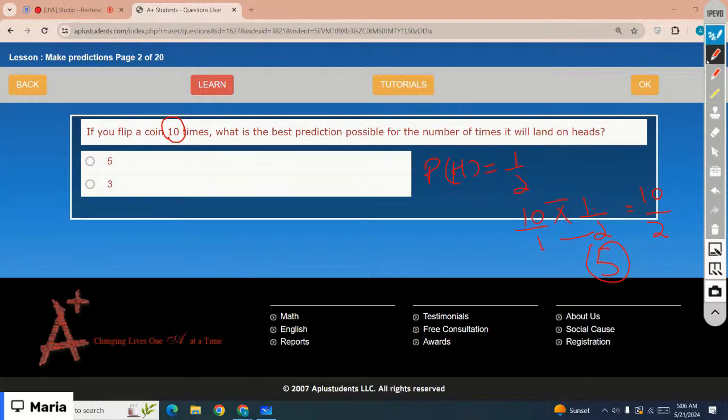That means out of the 10 times, 5 times it will land on head. The correct option is 5.